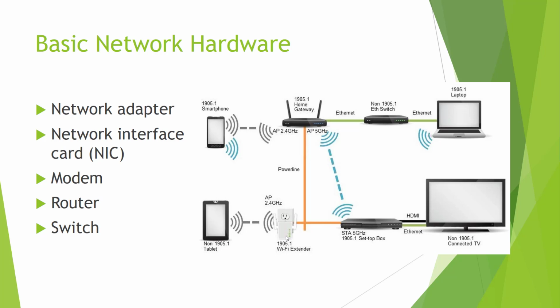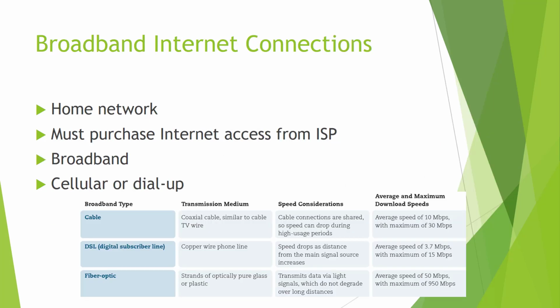Higher bandwidth capabilities. So for your broadband internet connection that you have at home, as we've already talked, the whole point of having a home network is to share the internet connection between devices, right? So you don't have just one device connected. In theory, if you only had one desktop at home, you could have your modem plugged directly into your desktop and all would be fine with the world, all right?